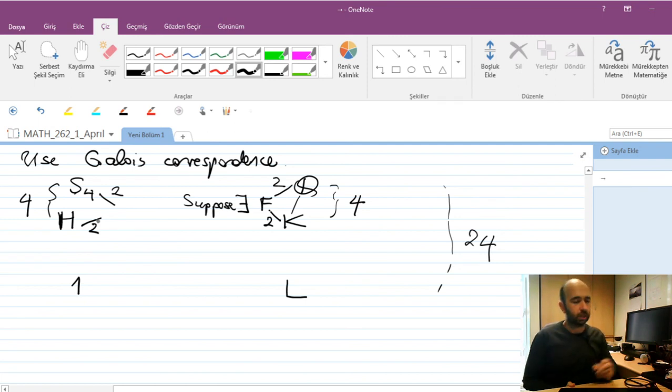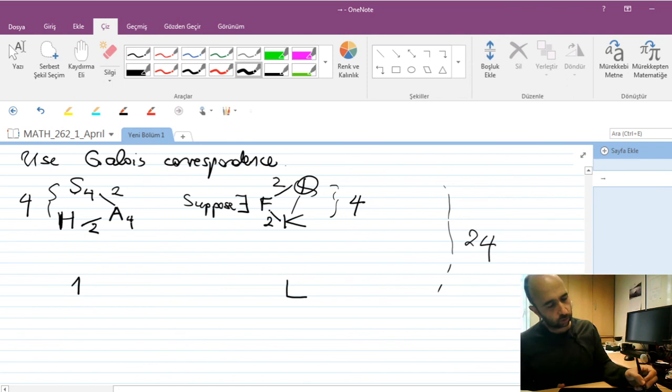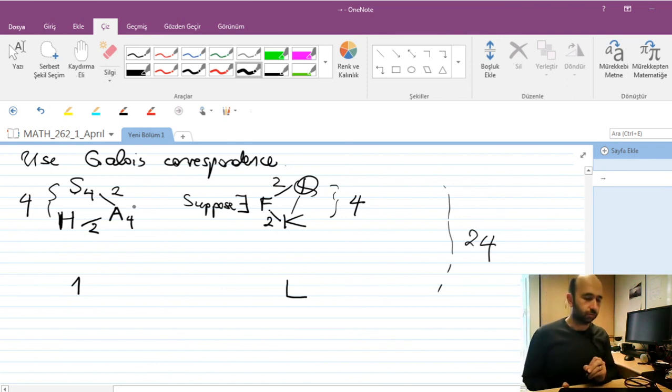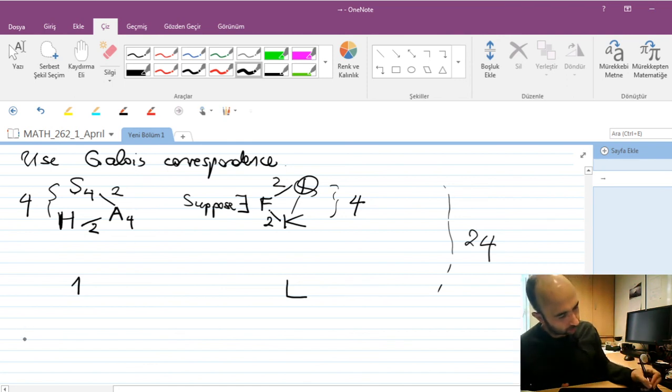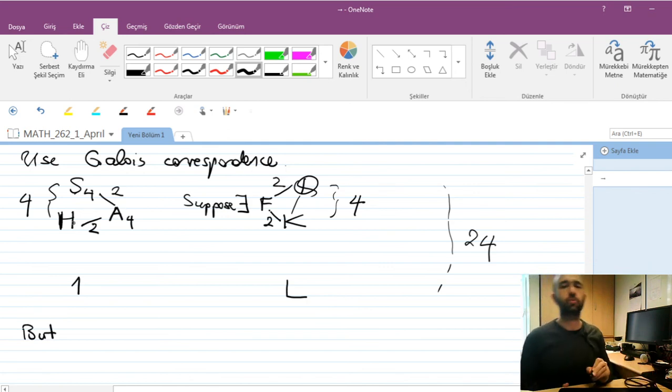But okay, now we know one big fact. What is an index 2 subgroup of the symmetric group? You can easily show that there's only one possibility, and that's the alternating group A4, which has 12 elements. But now you go back to the alternating group on 4 elements. So it should have a subgroup of index 2, but it does not.